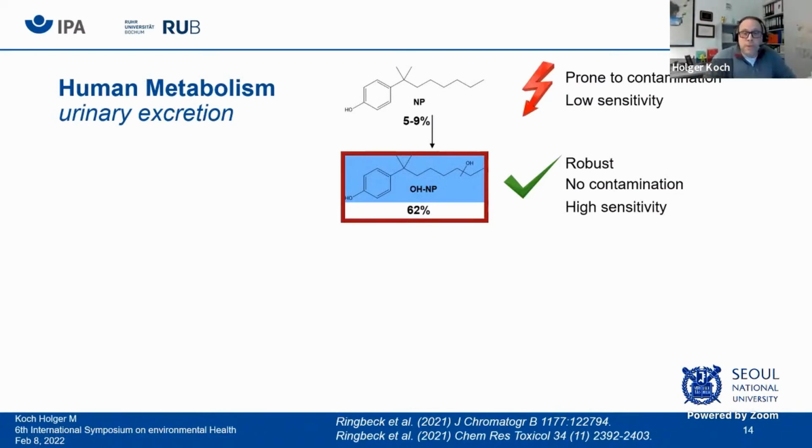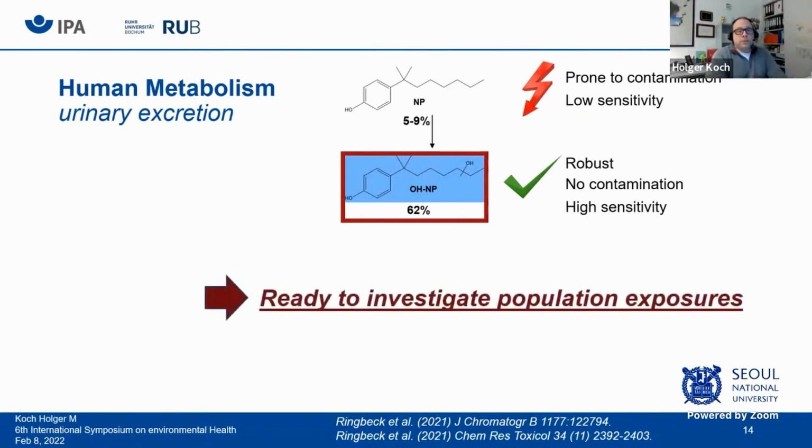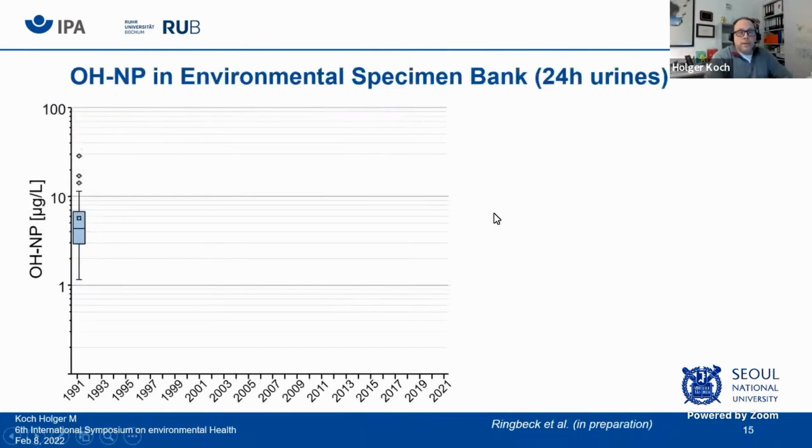So we used this exposure biomarker to investigate population exposures. Again, this is data from the German Environmental Specimen Bank. We went back to samples from 1991. You can see already that each and every urine sample we analyzed was positive for this biomarker.